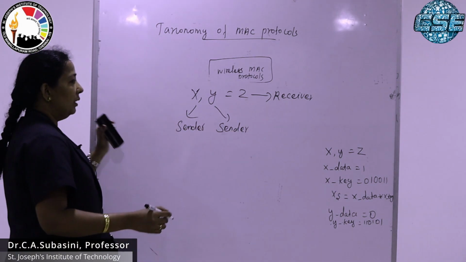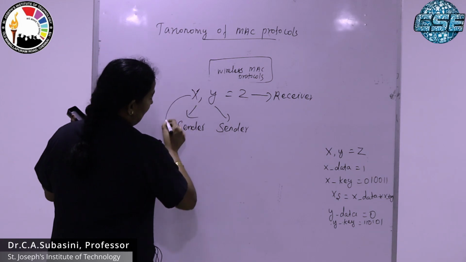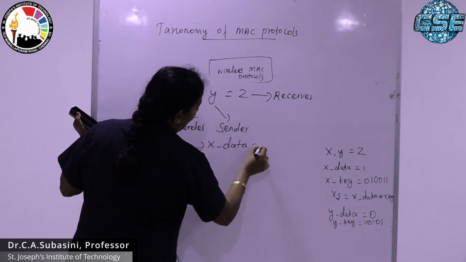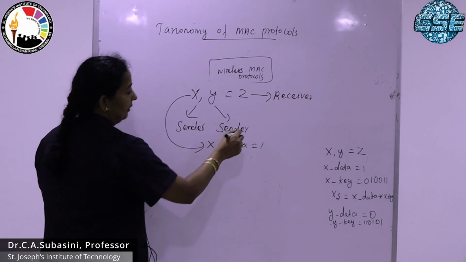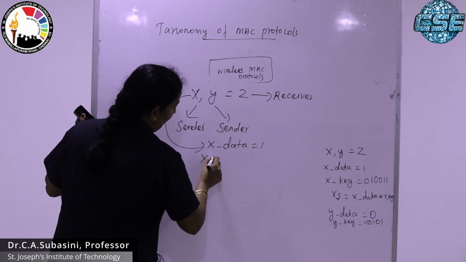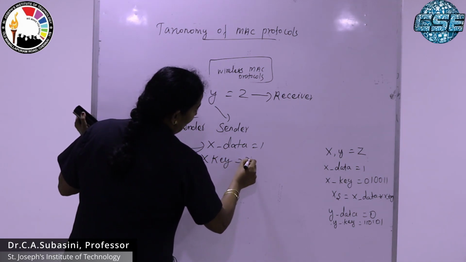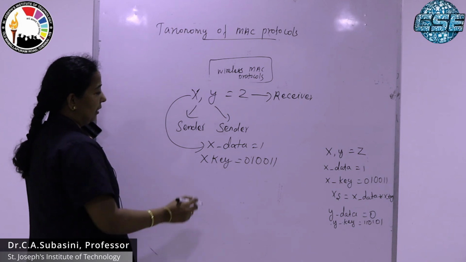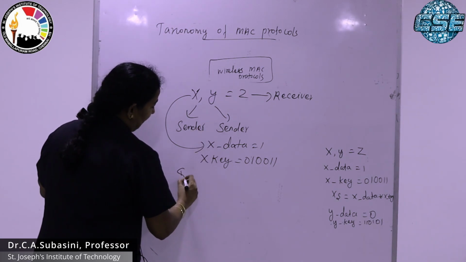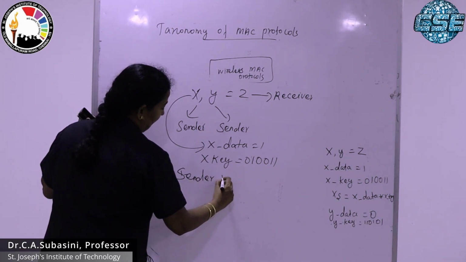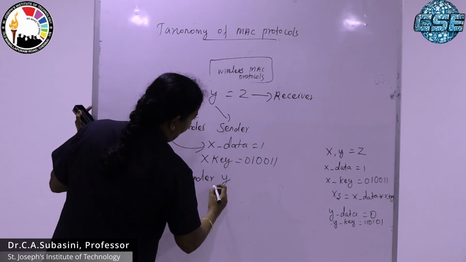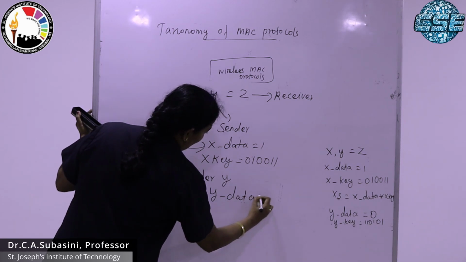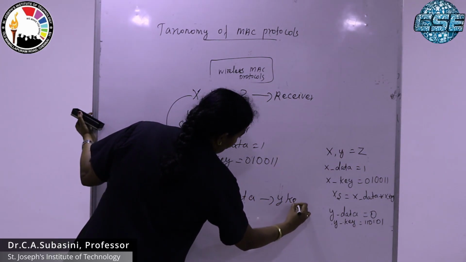So in code division multiple access, X data is 1, and the X key is 0 1 0 0 1 1. Sender Y has Y data and Y key.